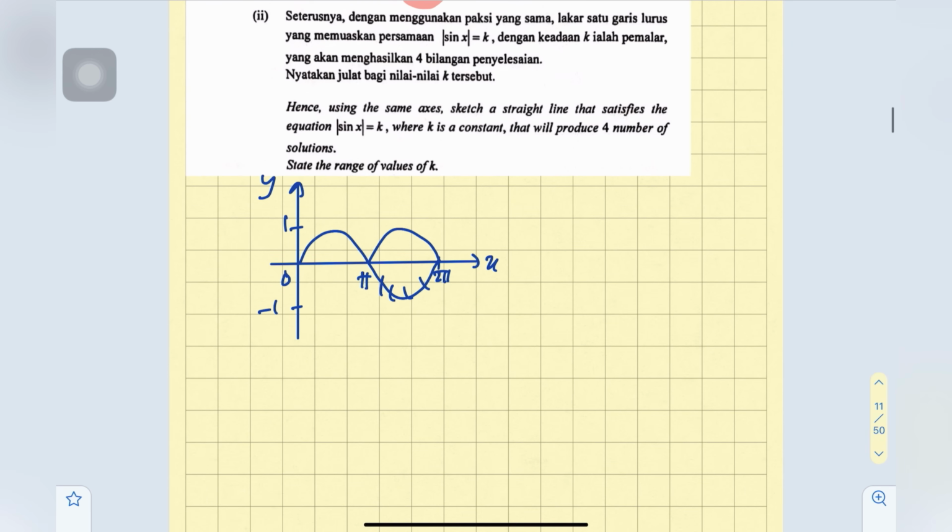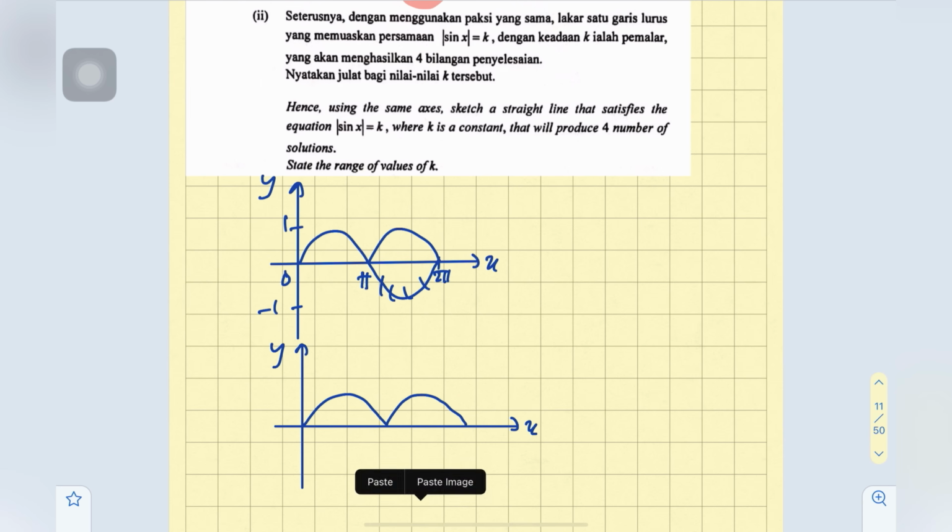So the final graph would be like this. 0, pi, 2 pi. Maximum is 1, minimum is 0.